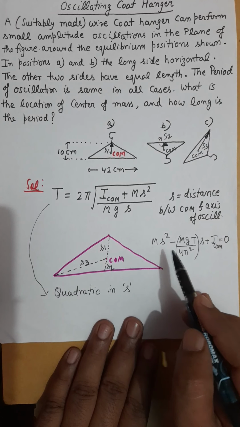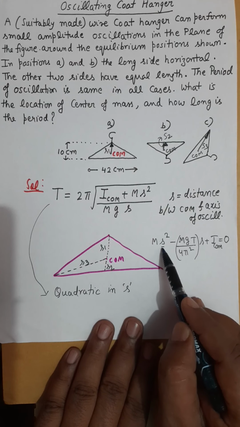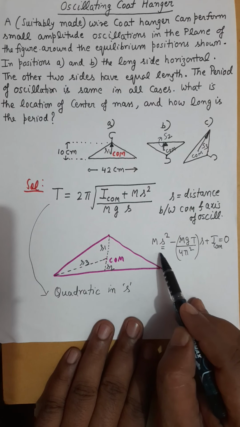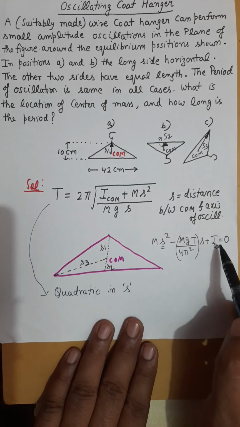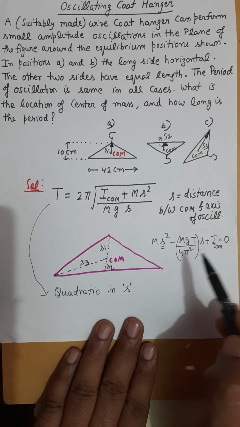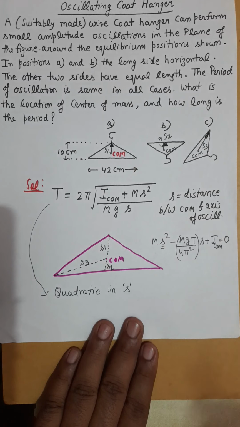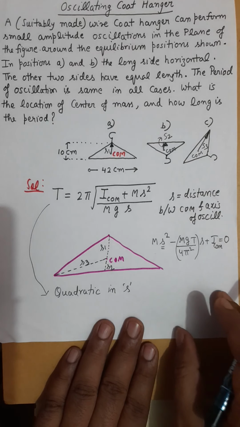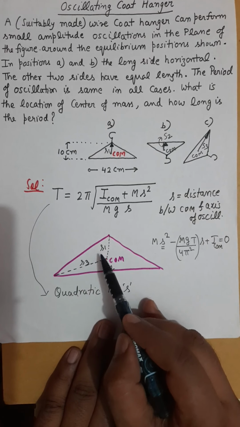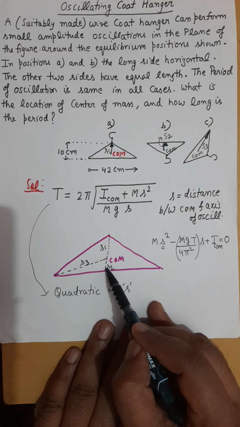So this is a quadratic equation of the variable s. It is in the form of ax square plus bx plus c equals to 0. So this equation can give you only two values of small s, but we should have three values of small s as per the question.